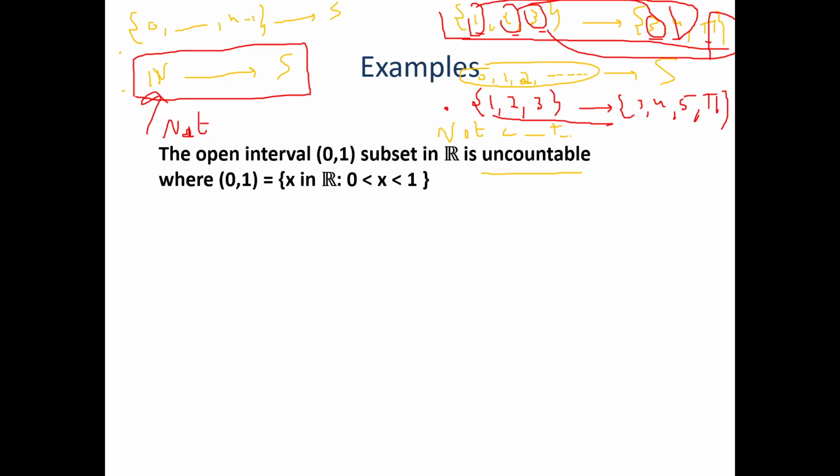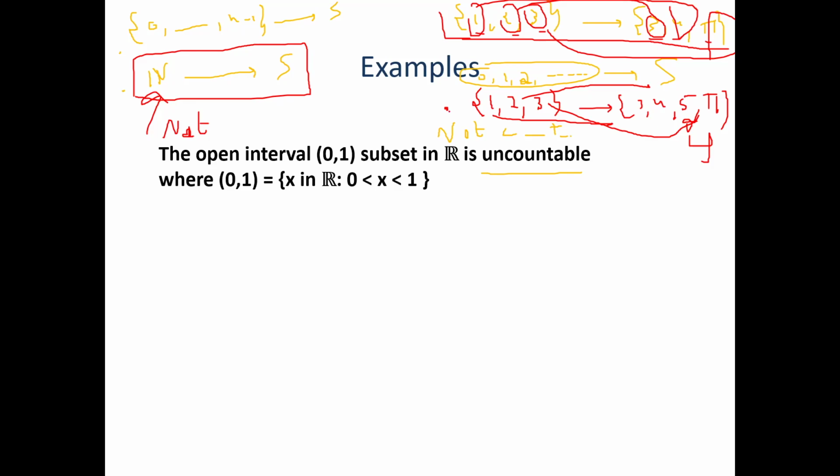Let's say 1 goes to 3, 2 goes to 4, and 3 goes to 5. This is still a function because everything in my pre-image set points to something in my image, but we are undercounting. We have only 3 elements in the left-hand side, whereas I have 4 elements in my right-hand set. So this is the idea of undercounting, and that's what we're going to do here.